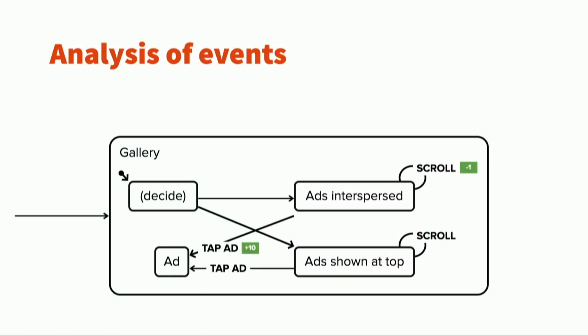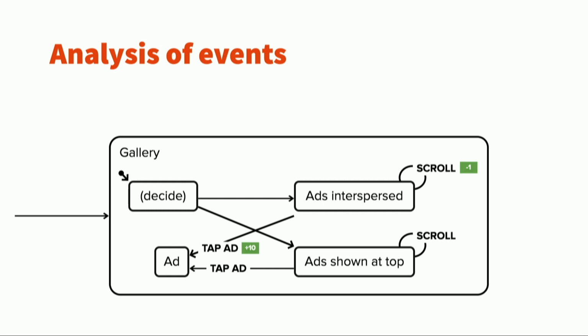We could also analyze based on events and give scores to what we want the user to do and optimize for that behavior. For example, if we want the user to click an ad, and please don't use this for ads, I'm just saying this as an example. But let's say that if ads are interspersed, if they scroll, we want to assign a negative score because that's not the behavior we're trying to encourage.